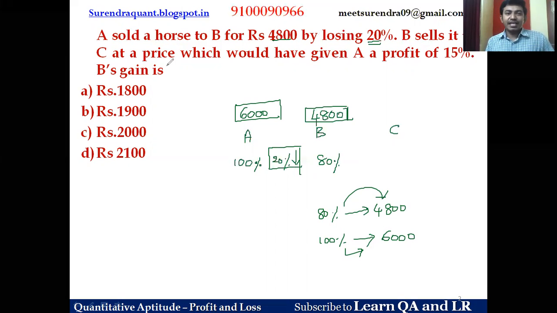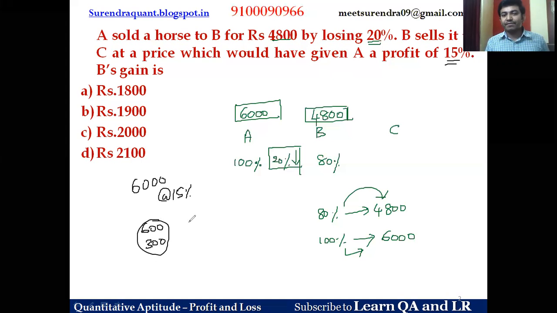B sells it to C at a price which would give A a profit of 15%. What is the profit of A? 15% of his CP. His CP is 6,000, on which he has to get 15% profit. So 10% is 600, 5% is 300.